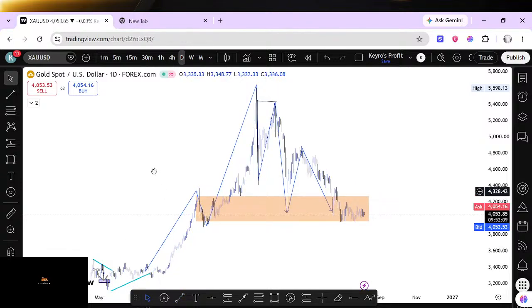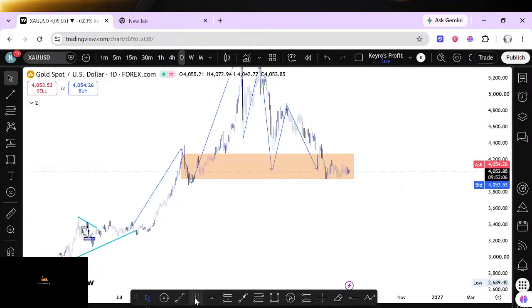Sorry. We will draw a trend line from this zone here, touching this point of interest. All right.